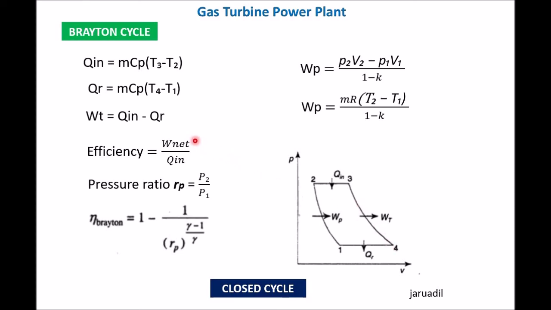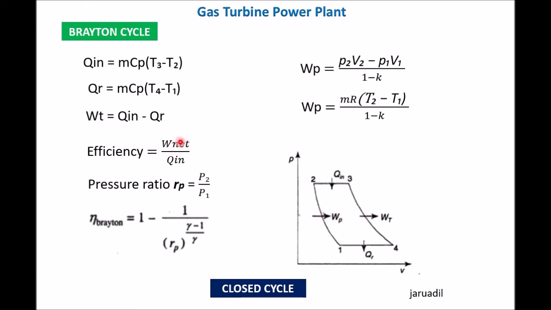And also take note of this efficiency. For example, if the net work and QA, the heat added, are given, you can directly solve for efficiency. What is this WNet? WNet is the total turbine work minus the compression. Part of the turbine work is delivered to the generator and part of it is used by the compressor.